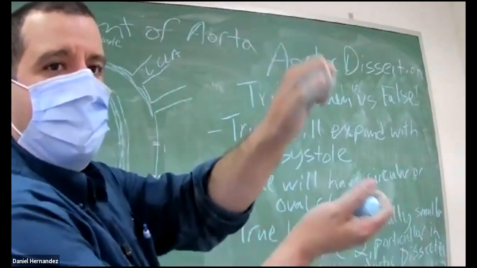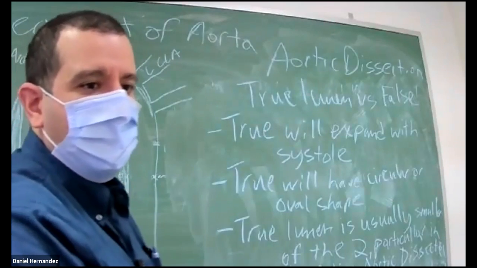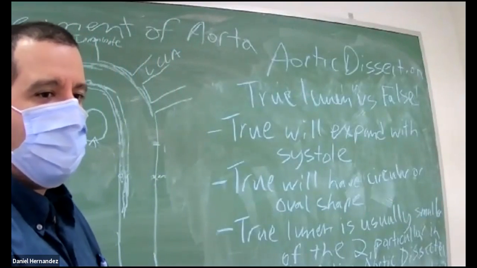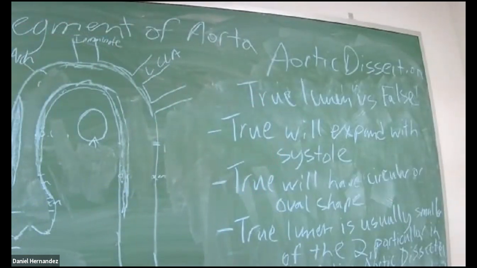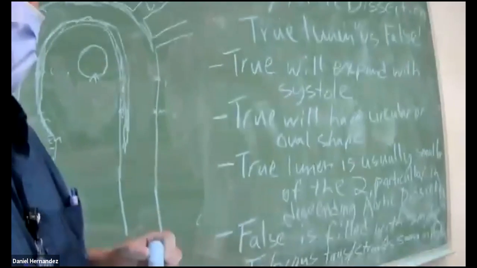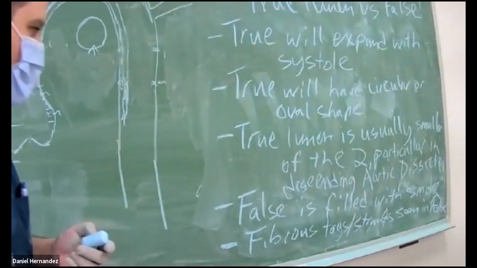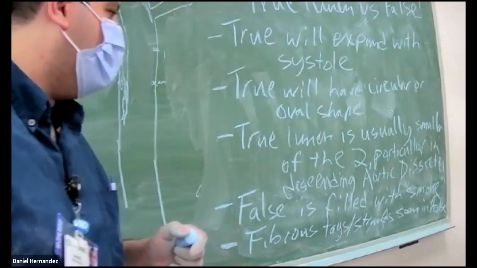So as it's ripping off, sometimes we see little fibrous strands or little fibrous tags of tissue in the false lumen. Fibrous tags or strands are seen in false lumen.